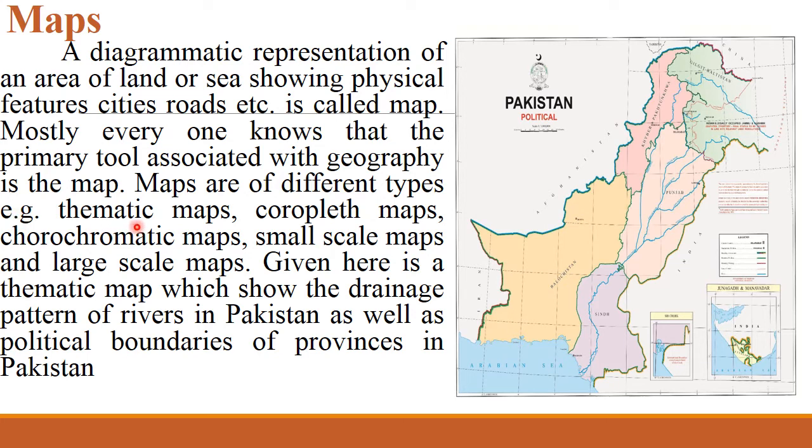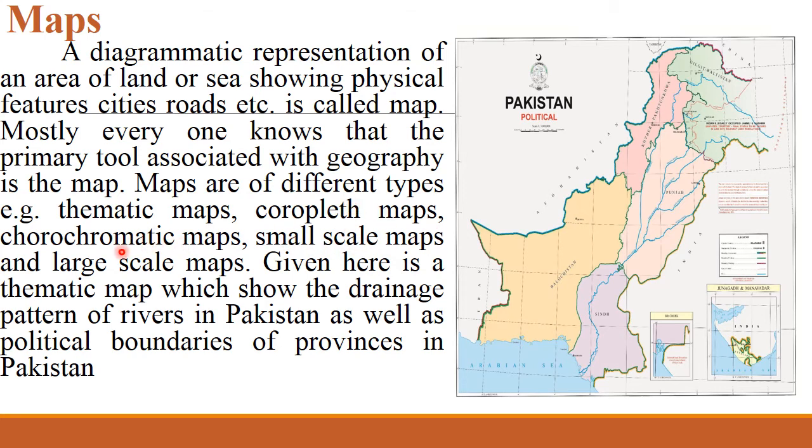For example, thematic maps, choropleth maps, chorochromatic maps, small scale maps, and large scale maps. These are some important types of maps, or we can say these are the classification of maps for different purposes. A thematic map has a particular theme. Choropleth is different, and chorochromatic is different from choropleth.